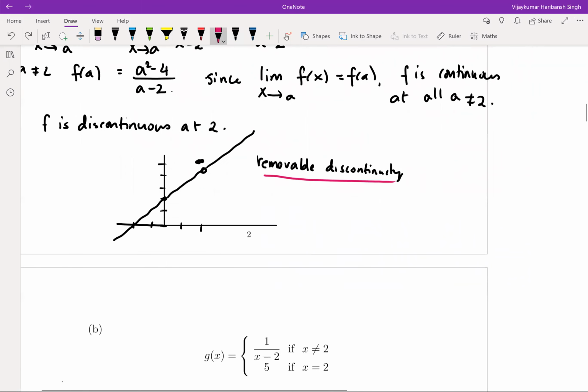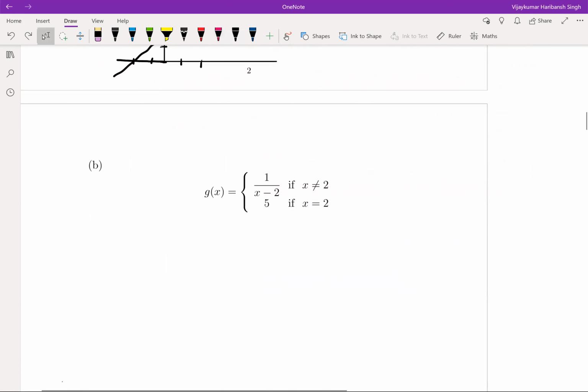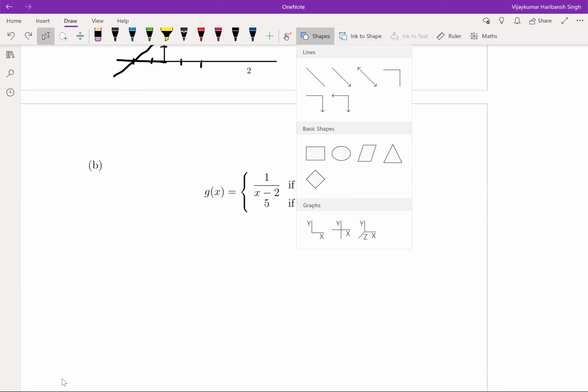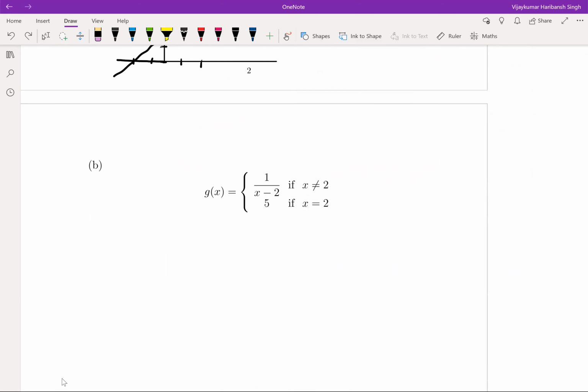All right. Let's move ahead and do the next problem. g of x equals 1 upon x minus 2 if x is not 2, and 5 if x equals 2. Let me just draw the graph of this function. This is the same as the graph of 1 over x, which we have already drawn, but shifted 2 units to the right.